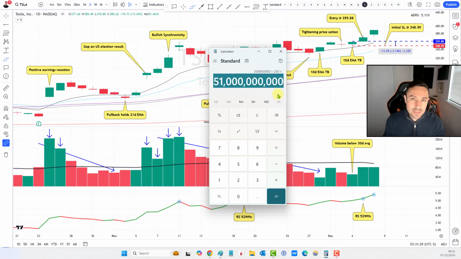That's not retail traders on Wall Street Bets or Reddit doing that. They don't have that level of buying power, and then the sustained buying power that you're going to see afterwards. $51 billion worth of stock exchanges hands. That's the bigger boys and girls.